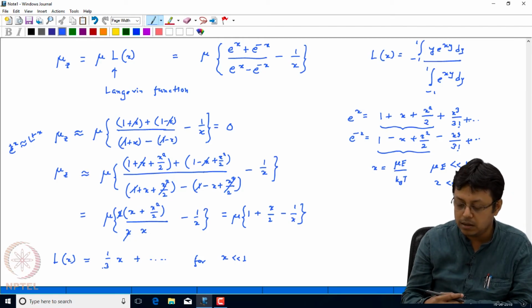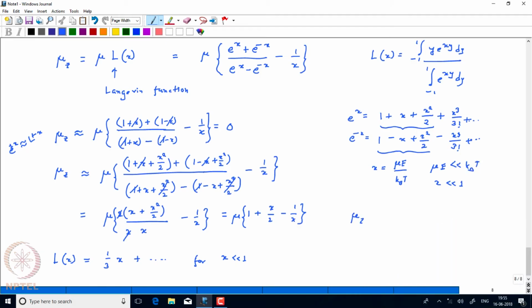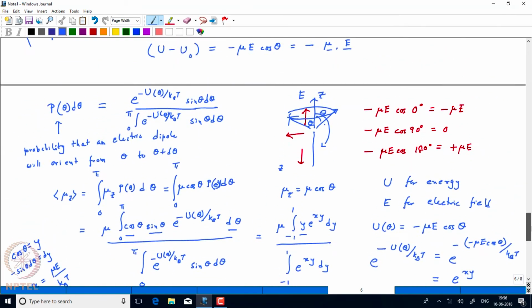you can take the Langevin function to be 1/3 of x. So, since mu z is nothing but mu times the Langevin function, what we just got is mu z, the average value of the z component. Let us look back.